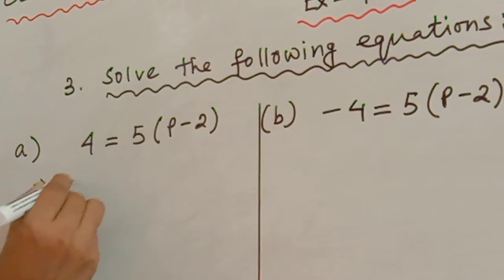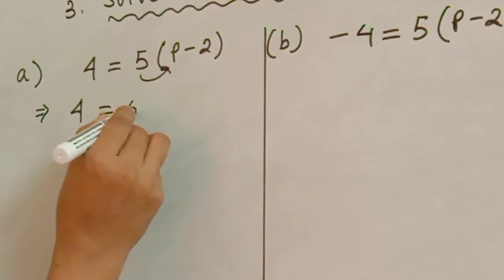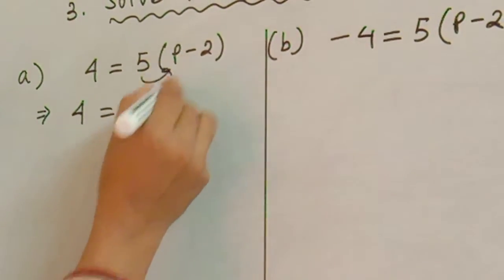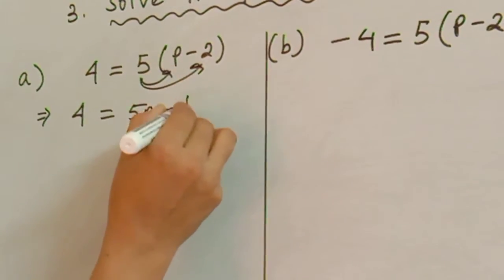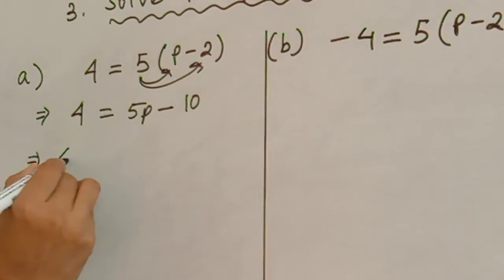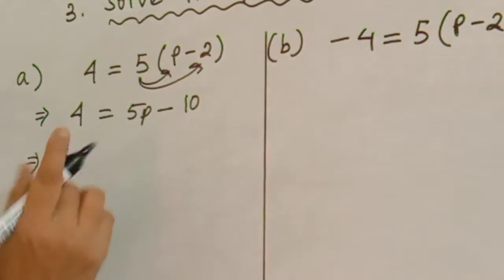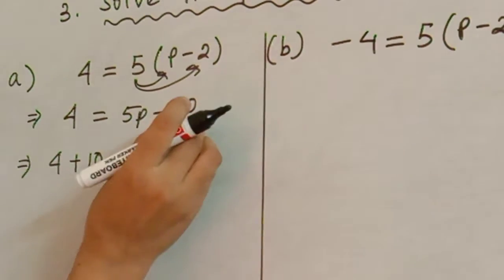Now what you can do, 4 is equal to multiply 5 into p, 5p, then the minus sign as it is, then 5 into 2, 10. Now transposing 4 minus 10, you can take here with opposite sign, inverse sign, plus 10.